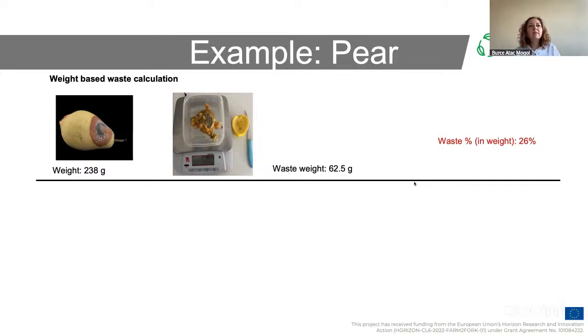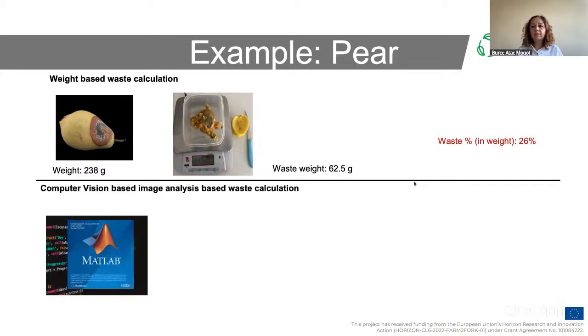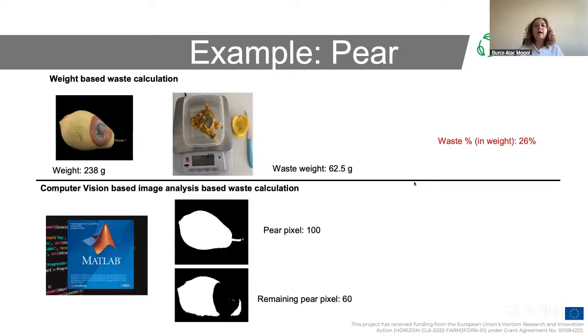percent. And then the picture that we have taken, we analyze it with MATLAB, and let's say, to simplify, the pixel amount of this pear is 100, and we detect the decayed area and we just exclude it. It depends on your calculation.